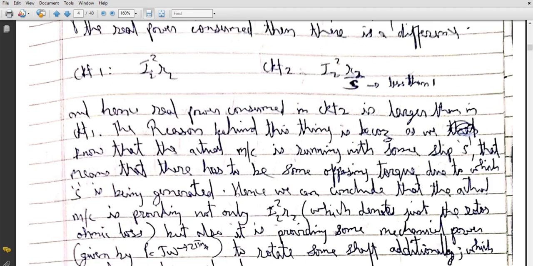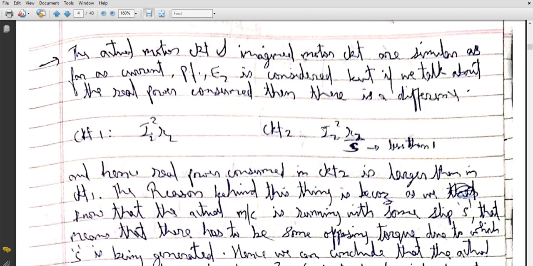You can see now, suppose we subtract this power I2 square into R2 from this power, what are we going to get? This power is nothing but mechanical power plus active power consumed in rotor resistance, and this is active power consumed in rotor resistance.